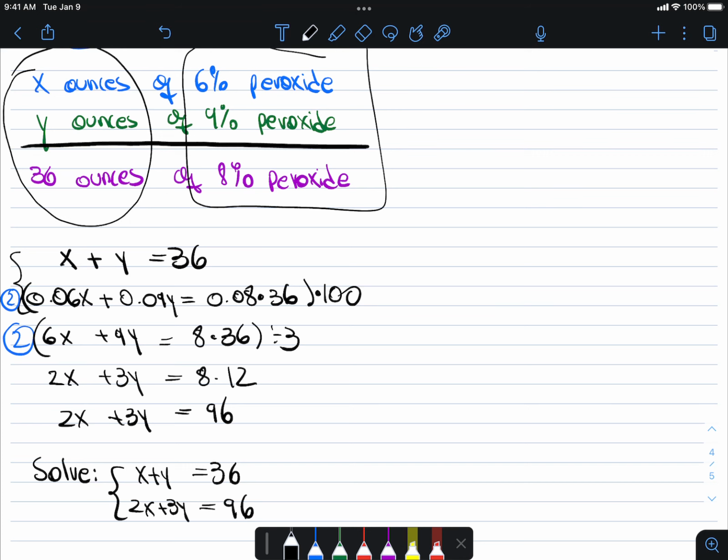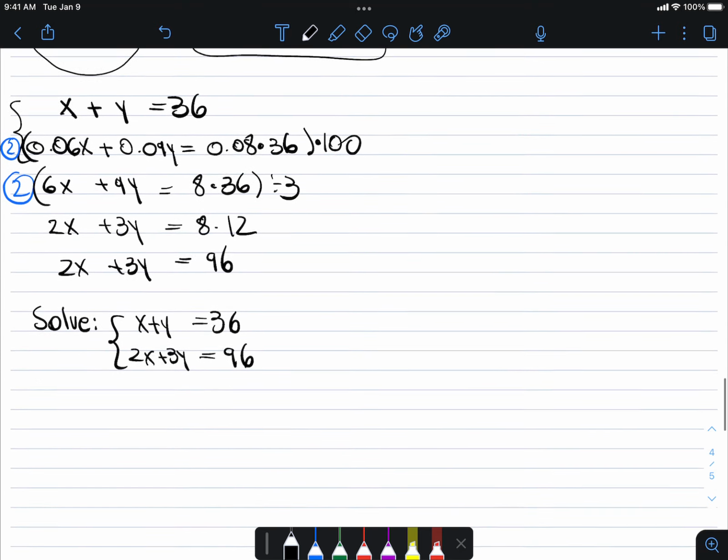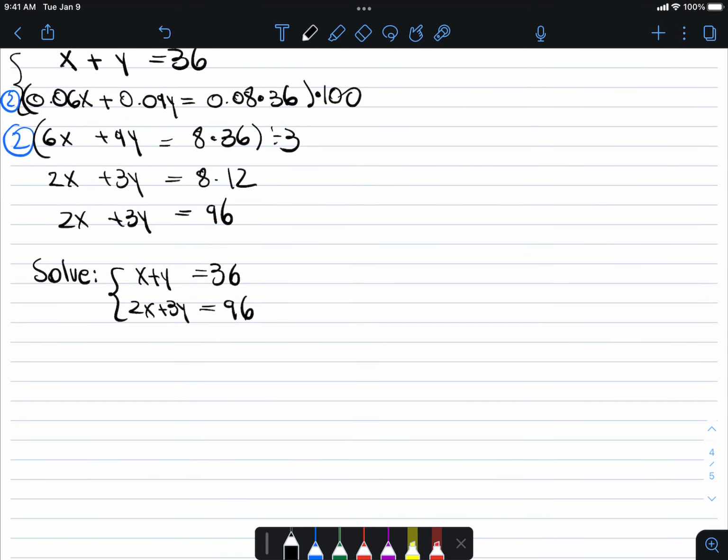At this point, if you're familiar with linear systems, you know exactly what you need to do. I will follow my usual method here, my favorite way in these cases, which is by subtraction, or by addition as it's sometimes called. If I multiply the first equation by -2, that gives me -2x, -2y, -72. And then the second one stays the same.